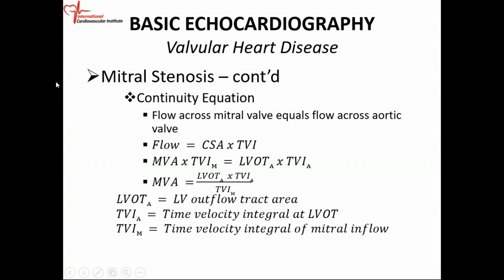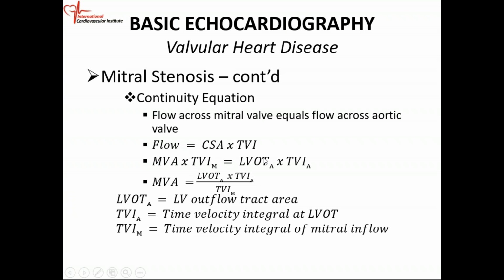So the flow anywhere is equal to the cross-sectional area times the TVI. For the mitral valve, flow across the mitral valve is equal to the mitral valve area times the TVI across the mitral valve, and that is the same thing as the flow across the left ventricular outflow tract, which is the left ventricular outflow tract area times the TVI across the left ventricular outflow tract.